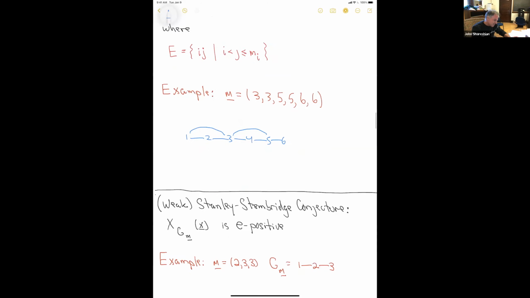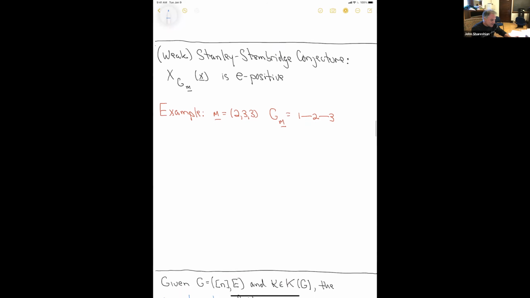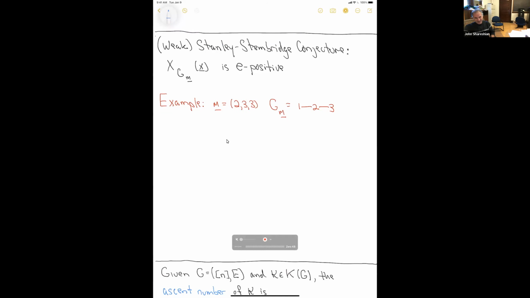And now let me, this is my language, call this the weak Stanley-Stembridge conjecture. The Stanley-Stembridge conjecture, I don't want to make all the definitions, says that the incomparability graph of a 3+1 free poset has e-positive chromatic symmetric function. The chromatic symmetric functions of certain graphs can be written as non-negative integer combinations of elementary symmetric functions.